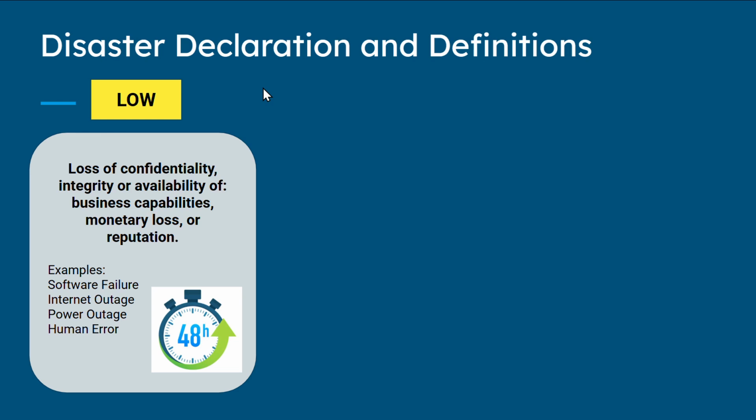You'll see that is a consistent theme throughout all levels, but the degree of it, the examples, and the amount of time before we have to declare a real emergency differ. Examples of a low event requiring a 48-hour response would be a software failure, an internet outage, power outage, or some kind of human error that would happen.